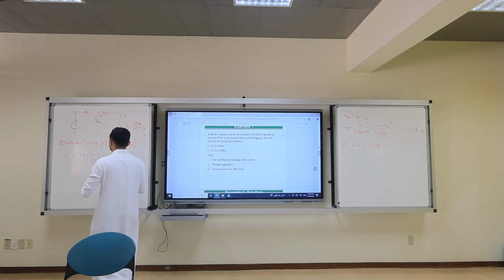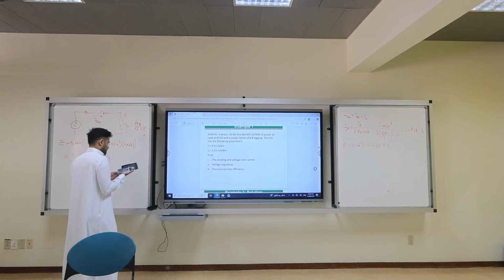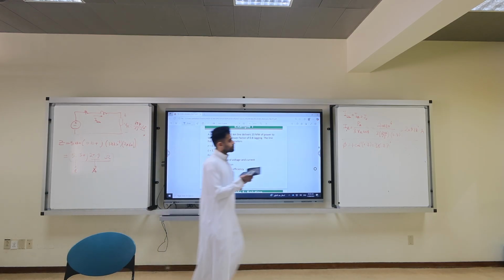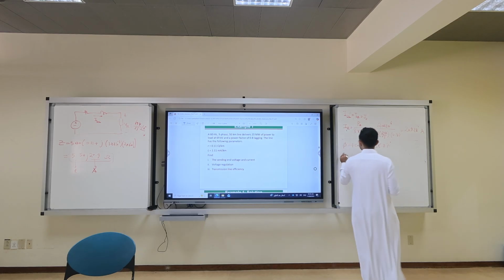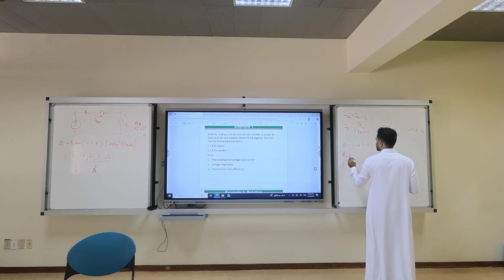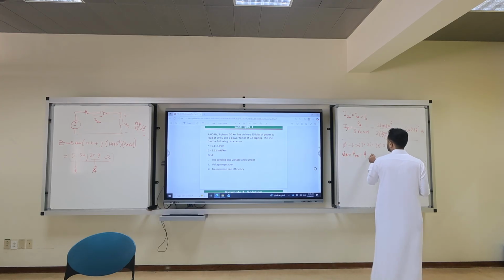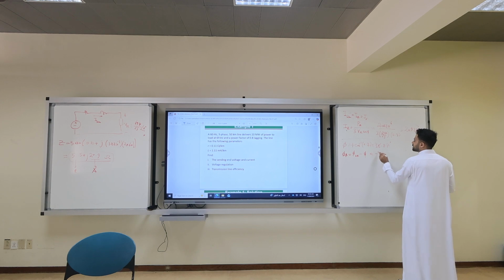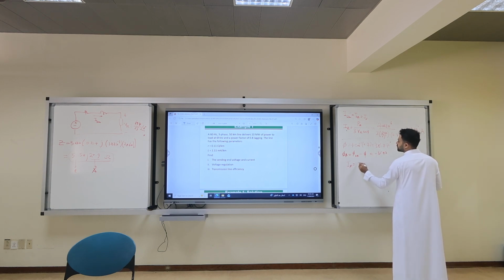This is not L, this is X, the reactance. So what is theta of I? Theta of IR is theta of VR minus theta, which is minus 36.87. So IR is 209.18 angle minus 36.87 amps.